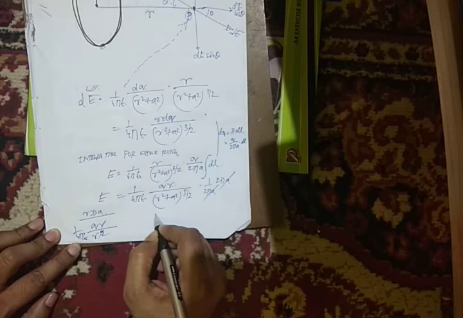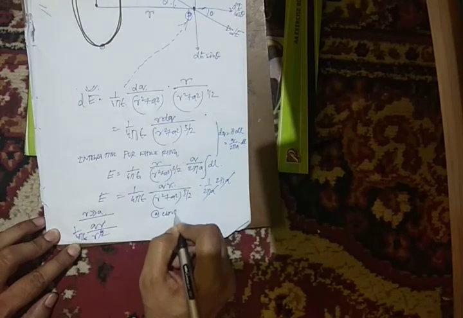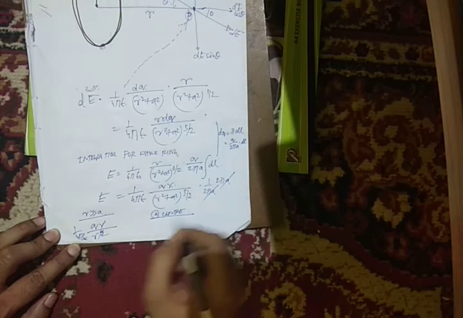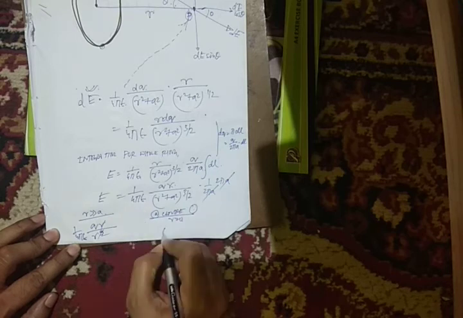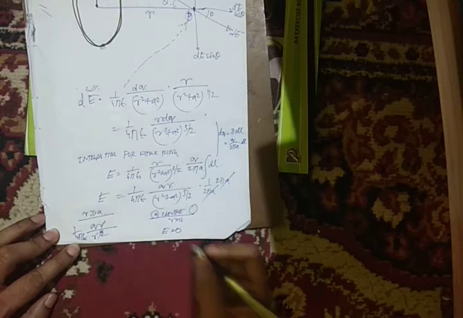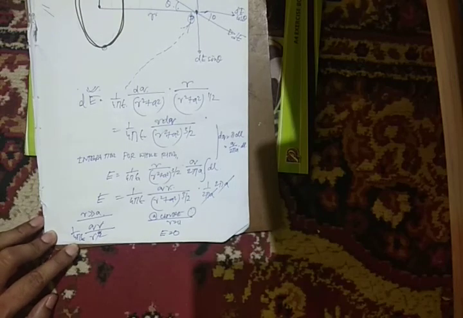And when r is equal to 0, that is at the center of the ring, E is equal to 0. At the center of the ring there is no electric field present.